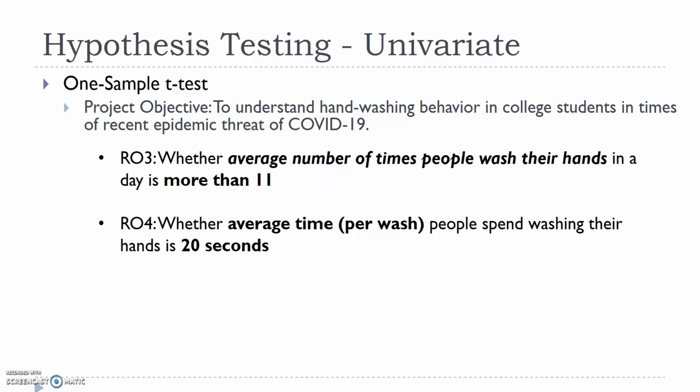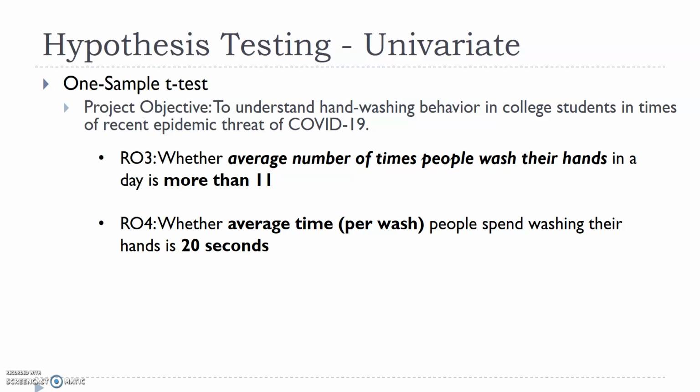Okay, see how these two research objectives differ. In the first research objective, which is written here, I just want to understand whether the number is greater than 11, whether it is more than 11, right? So it has a directional property to it. Whenever a research objective has a directional property, that means when we are trying to find out whether something is greater than or less than some number, then it is called a one-tailed test.